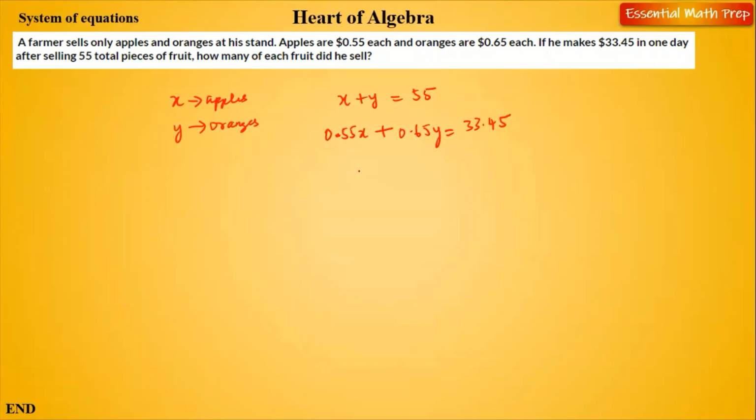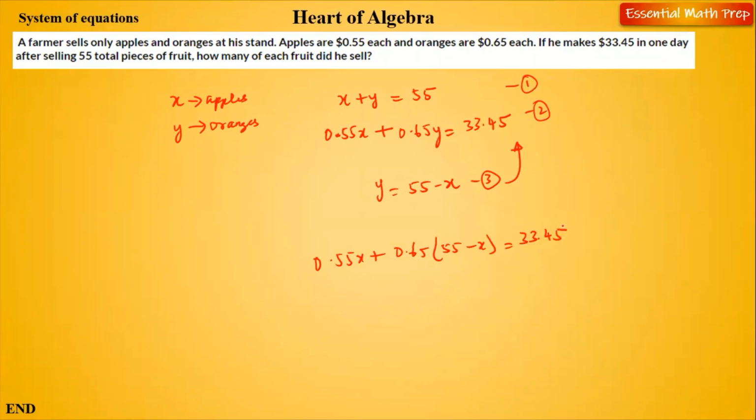So now we can substitute either X or Y in any one of the expressions, however you want to do it. Let's say Y equals 55 minus X. So I substitute, let's call this expression 3, into expression 2. So that means 0.55X plus 0.65 times (55 minus X) equals 33.45. I believe this problem was part of the use of calculators. So all you have to do is 0.65 times 55 is 35.75 minus 0.65X, and this is 0.55X.